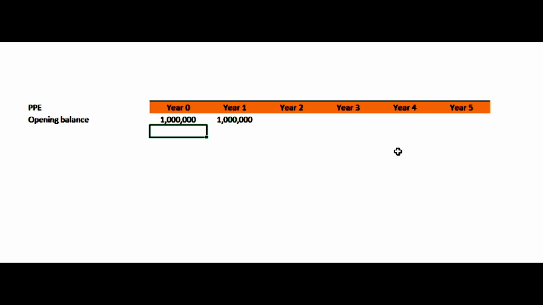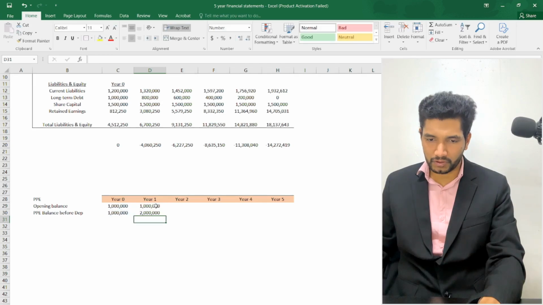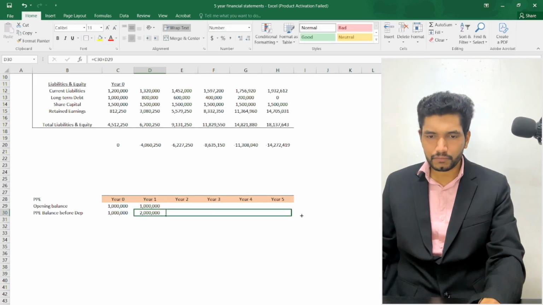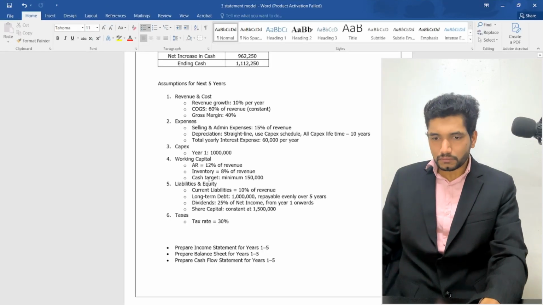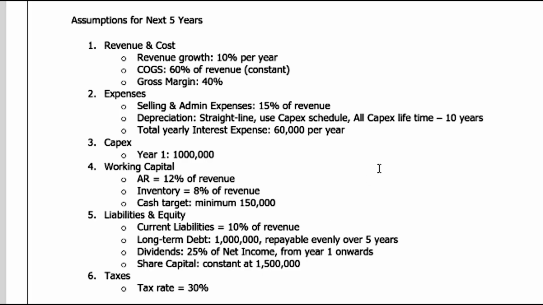So this is the addition. So the PPE balance before depreciation is this one here, the balance plus what is added this year. So this is the balance without the depreciation. And now let's come to depreciation. It's mentioned that the capex lifetime is 10 years.